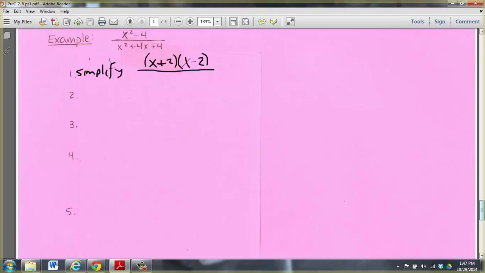The denominator becomes (x plus 2)(x plus 2). This is kind of interesting because right away you notice that we have a cancellation. This cancels with that. So essentially we're just left with (x minus 2) over (x plus 2).